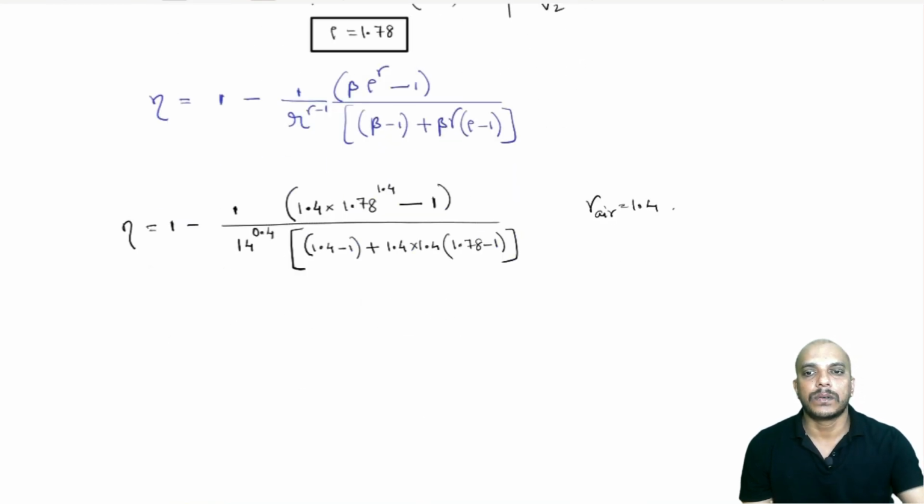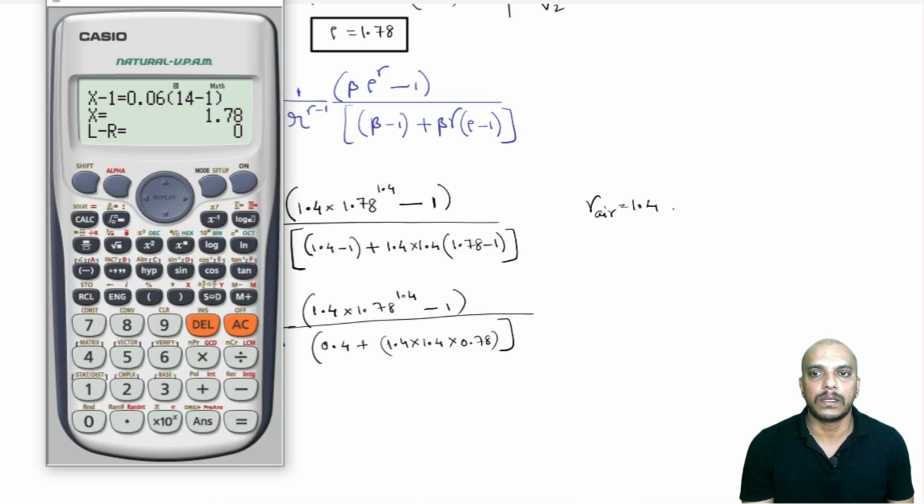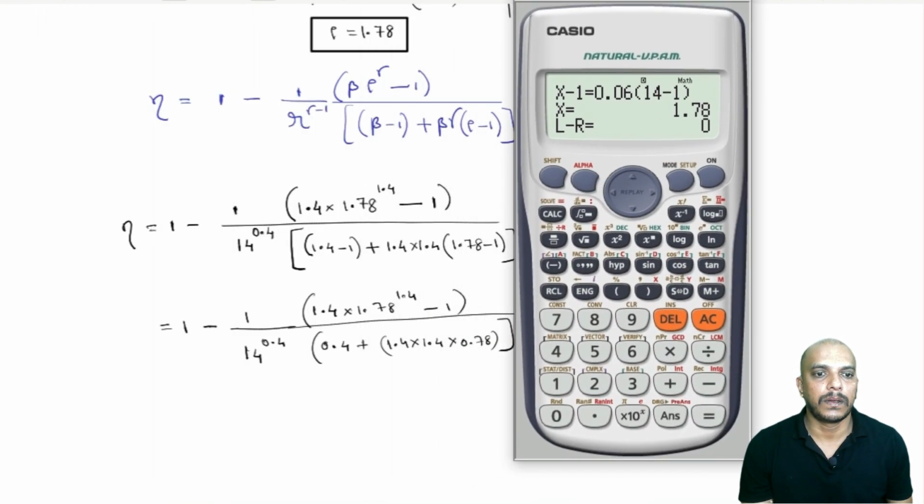Let us keep it simple before we move on: 1 minus 1 by 14 to the power 0.4. I will keep it as it is, since this has to be done in the calculator. In the bracket, 1.4 minus 1 we can write as 0.4, plus 1.4 into 1.4 into 0.78. Now we will solve this in the calculator.